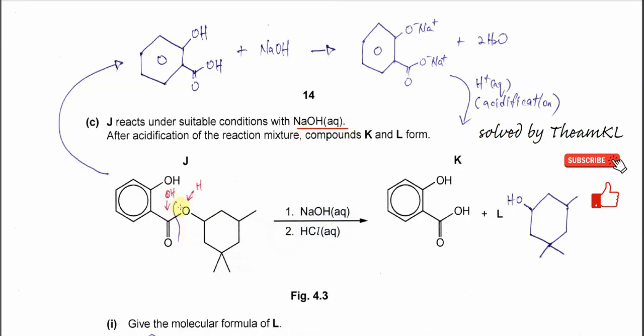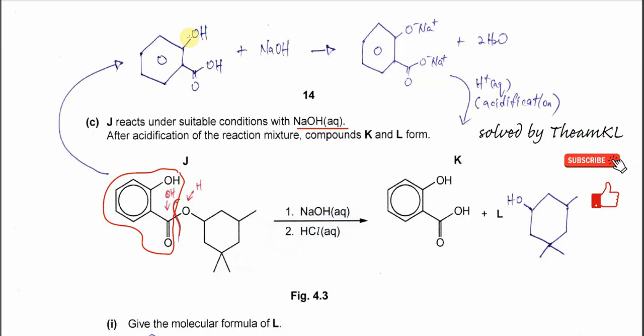Hydrolysis means the ester bond breaks here, and this carbonyl group will get OH, and this oxygen will get H, right? So therefore it will form this part, and it's something like this, right?